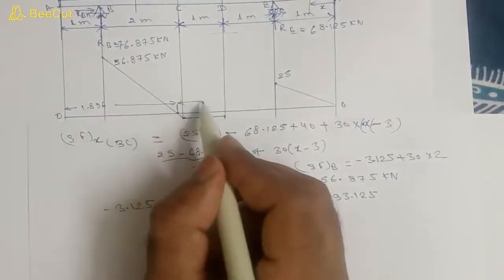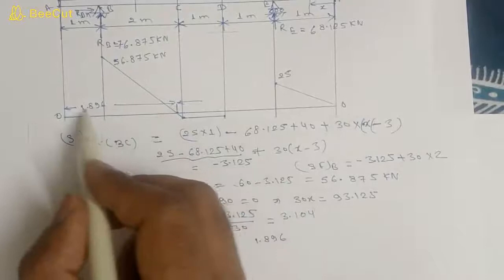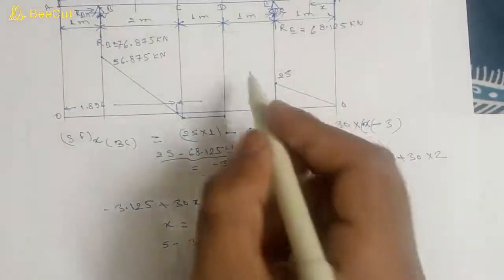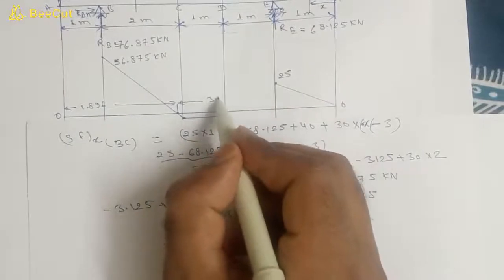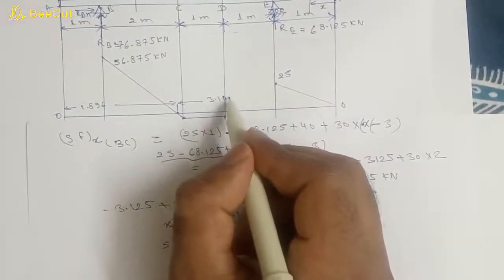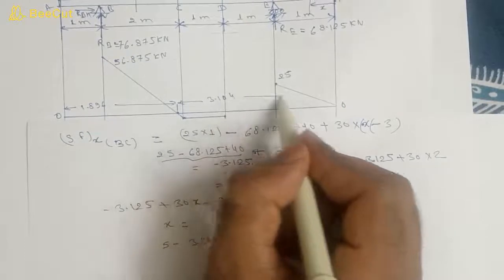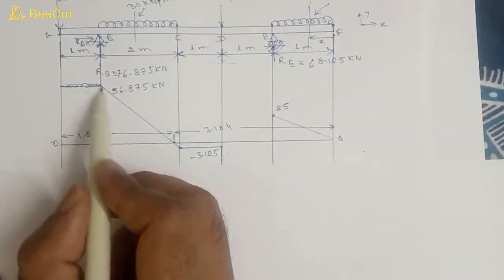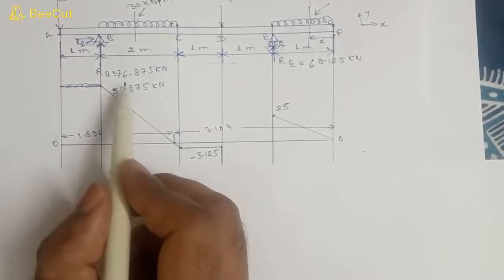We should not draw this on the shear force diagram, but for understanding I am drawing it, 3.104 meter, so that I can remember it.